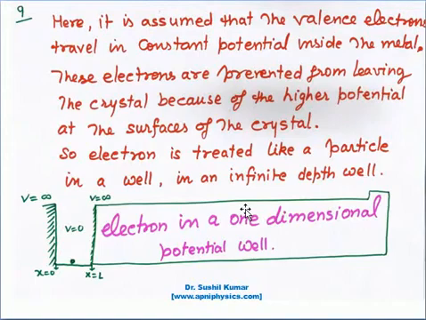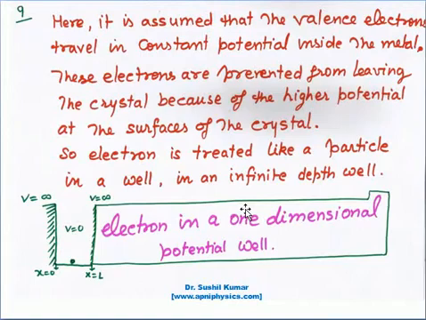I defined the assumptions about the free electron gas concept in earlier slides, that is why we treat those electrons which move in between the crystal lattice as free, because there is no potential inside the metal.